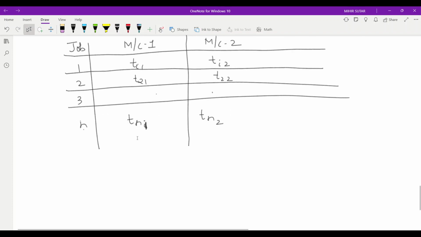Johnson has ruled that you have to find the minimum time among T1 and T2. Then, just listen carefully, it's a rule that if the minimum processing time requires machine 1, place the associated job in the first available position in the sequence. It's sequencing, meaning you have to determine the sequence of jobs that has to be done. If the minimum processing time requires machine 2, place the associated job in the last available position in the sequence.